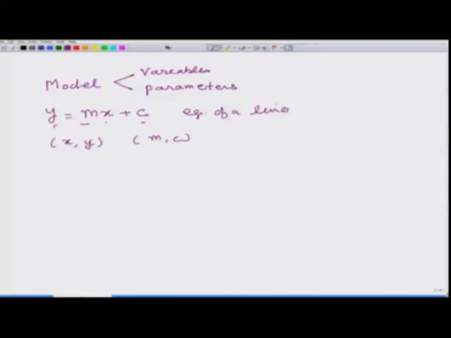We all know that if I draw this equation on a graph, this is my x-axis, this is my y-axis, and this is my line y equal to mx plus c, and this distance is c, and this is the slope, which is represented by m equal to tan of theta.